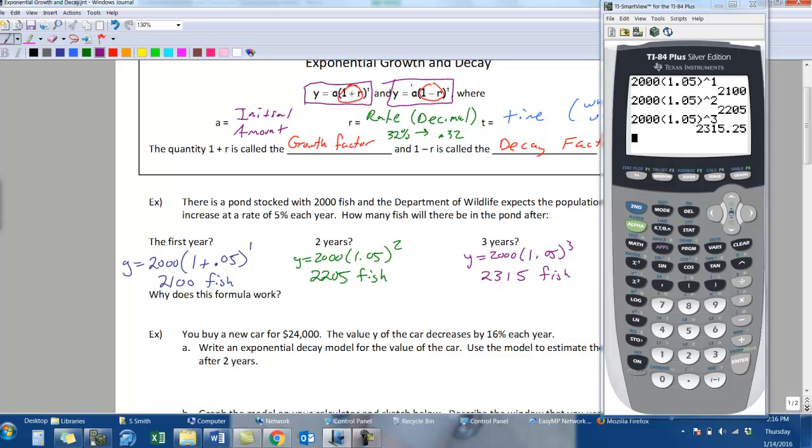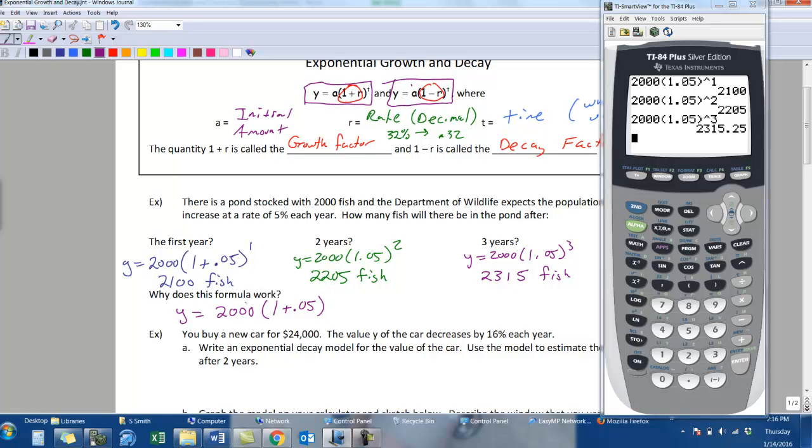How does this formula work? Let's explore that a little bit. y is equal to, so our initial amount is 2,000. That's our initial amount part. And then it's going to grow by 1 plus 0.05, that's 1 plus our rate, raised to the first power, let's say.